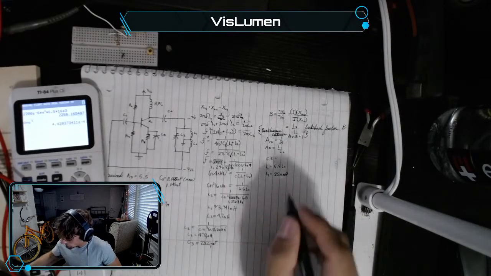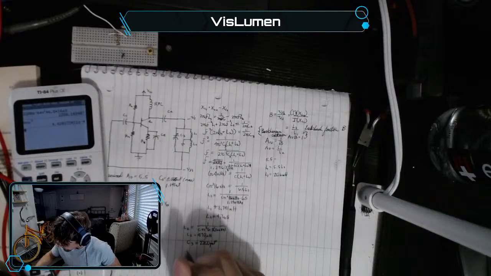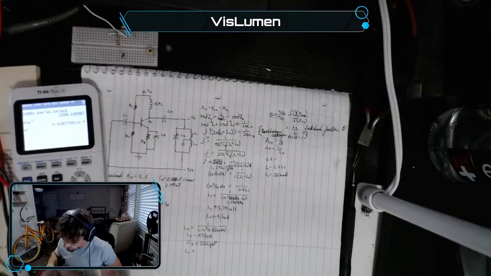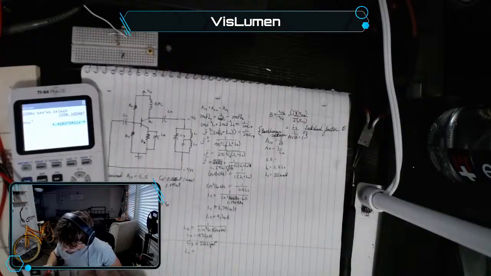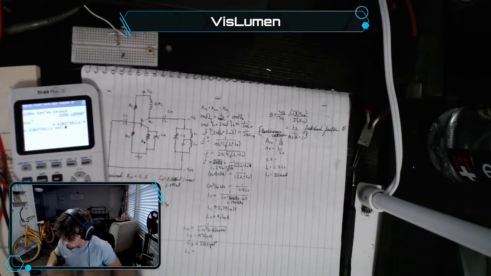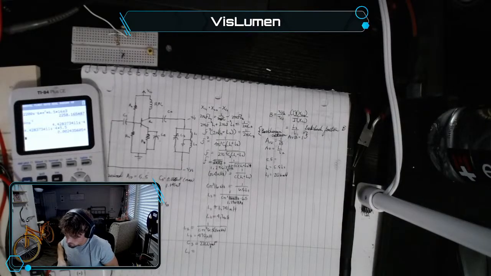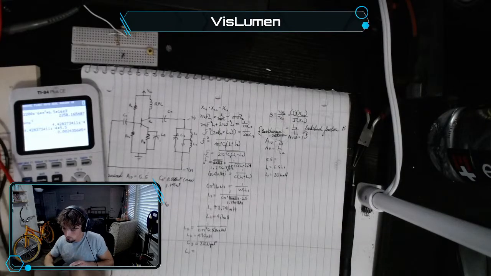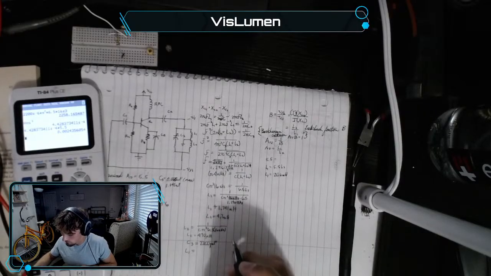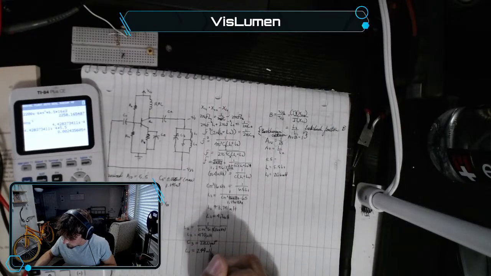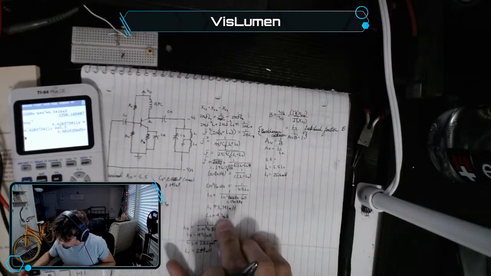Yeah, okay, so now we got, so L1 equals 470 times 5.5. 2.43 millihenry. How did I get that wrong before?